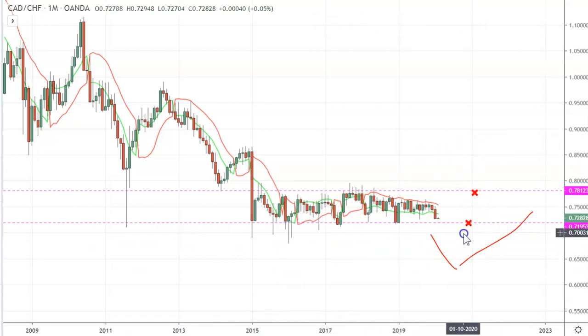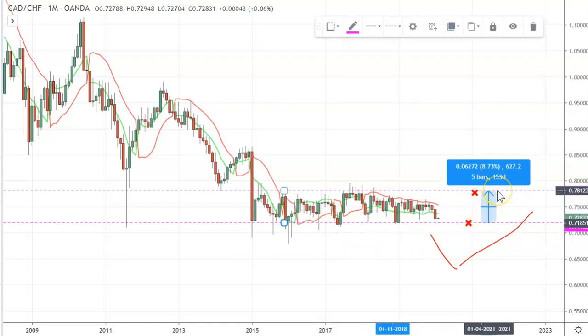So be wary. If you take this off here, I think we should have this as our target, and there are a few pips. If we can get this sort of scenario here, go down to your lower time frames, get good entries, we've got some really good potential to capture at least some of that 600 pips up there.